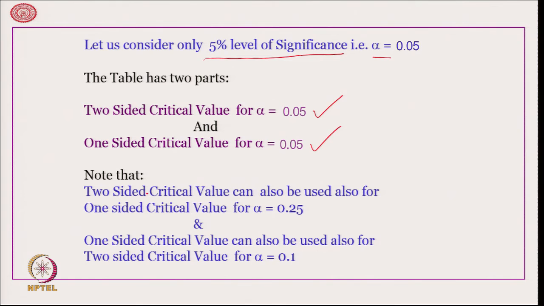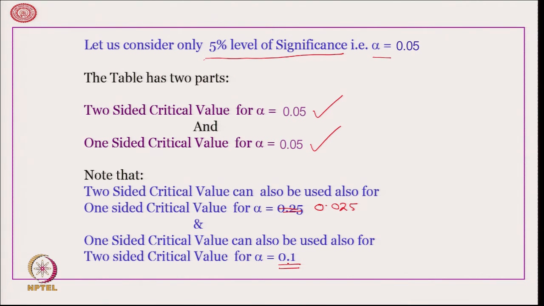Note that the two sided critical value can also be used as the one sided critical value for alpha equal to 0.025, and the one sided critical value can also be used as the two sided critical value for alpha equal to 0.1.